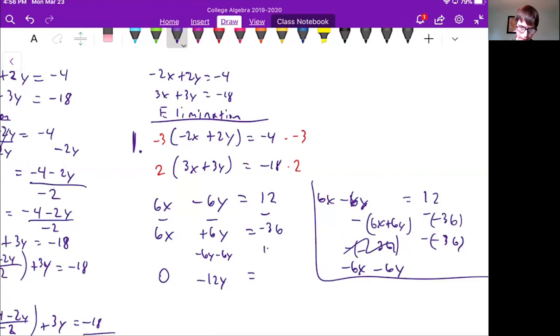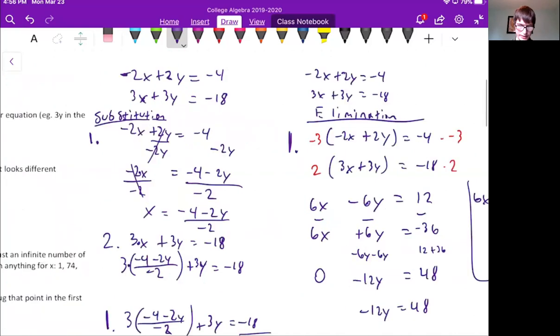So that's like 12 plus 36, which conveniently gives us 48. Okay, so we got 0 minus 12y equals 48, and a 0 is just nothing, so we can get rid of that. That's just minus 12y equals 48, and we need to solve for y.